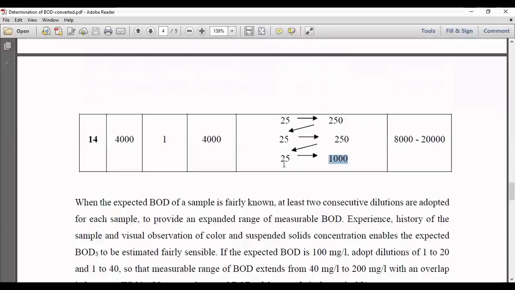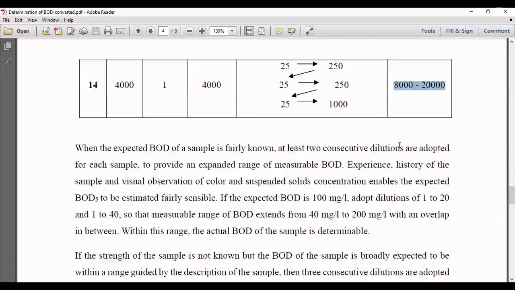So if you can guess how the dilution has been done: in the first step we have achieved 10 as the dilution factor, in the second step we have achieved 10 as the dilution factor, and in the last step we have achieved 40 as the dilution factor. So 10 into 10 into 40 is equal to 4000, and likewise we have achieved the dilution factor, and the corresponding range is 8000 to 20000.